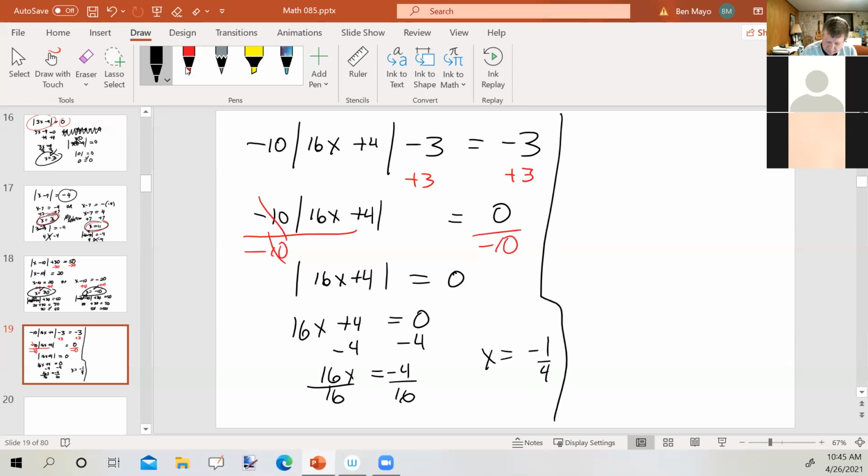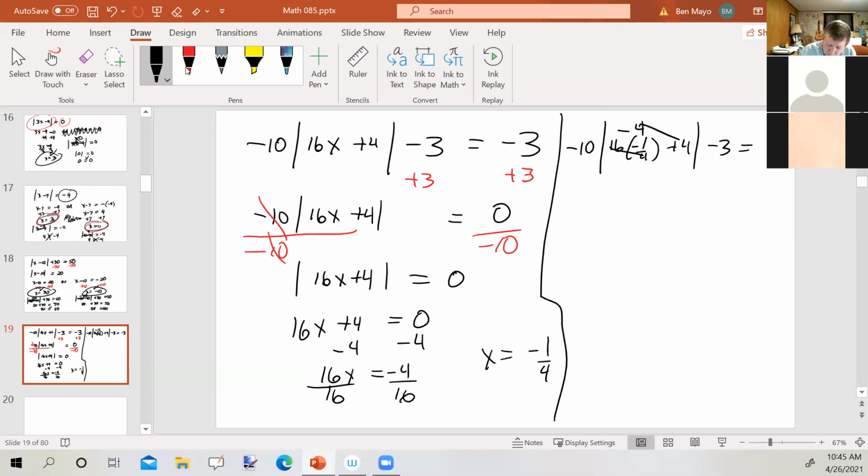Let's check our work. We'd have negative 10 times the absolute value of 16 times negative 1/4 plus 4, minus 3 equals negative 3. Simplifying inside the grouping symbol first, 16 times negative 1/4 reduces to negative 4.